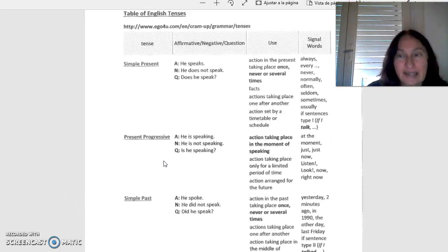I could tell you I live in an apartment, but we're going through difficult times, and I can tell you that now I am living in a house. How are they different? Well, if I say I am living in a house, you realize that it is something temporary, that is not the usual situation, okay? It could be that I moved with my parents so as to look after them, for example.